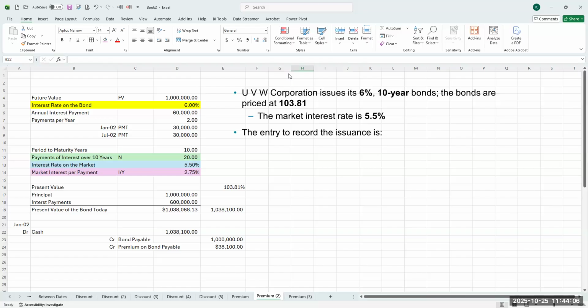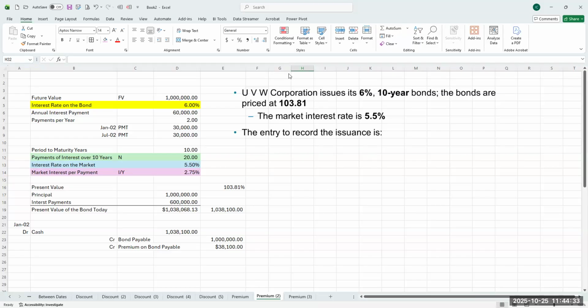How much interest am I paying and where is the market? If the market is above what you're paying as interest, that brings you to the scenario with the discount. If the market is below what you're paying as interest, then you can charge the premium, and that brings you to the scenario with the premium.